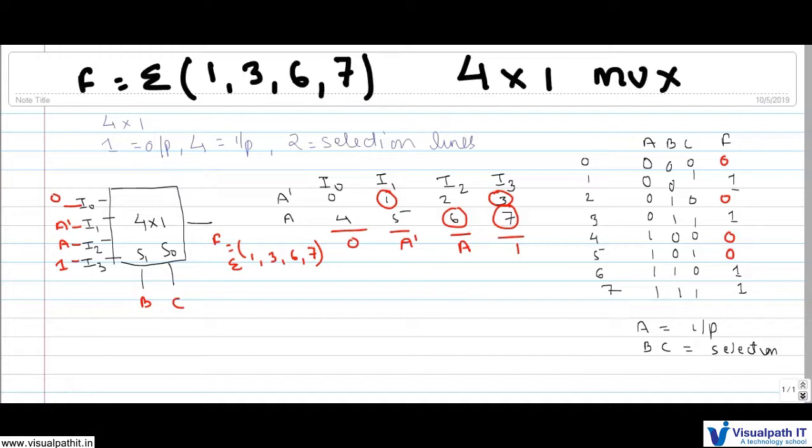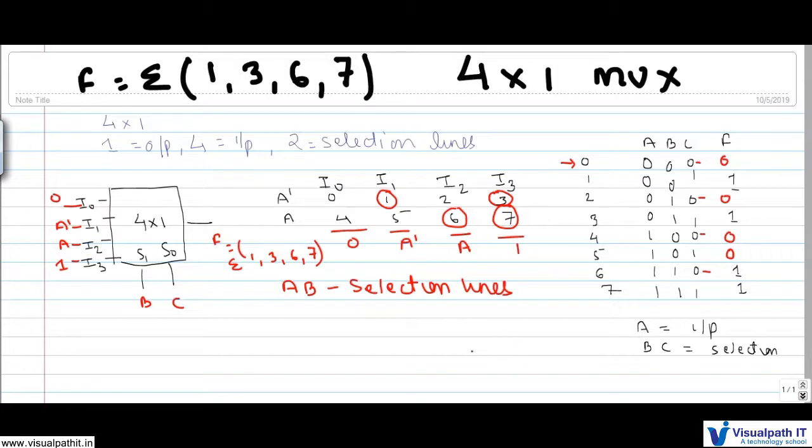Now let's assume the case that I have to take C in the input and A and B in the selection lines, right? So how is this going to happen? As you can see, C is 0 here and here.